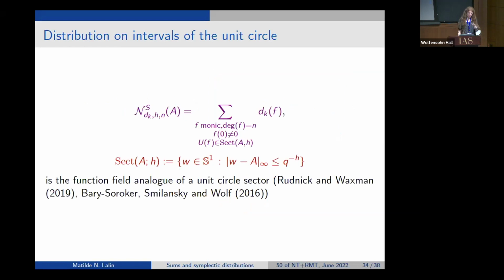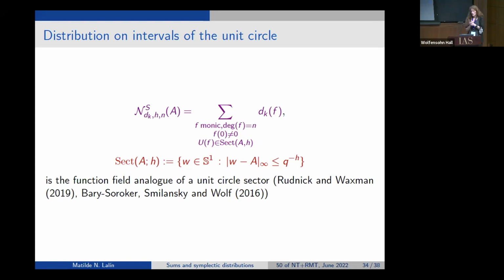I'm not going to give details on this, but there is a setting that is quite analogous to short intervals, and it has to do with the original problem of looking at the distribution of arguments of Gaussian primes. This was a problem that was considered by Rudnick and Waxman.